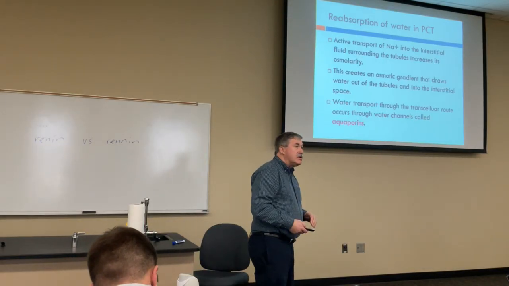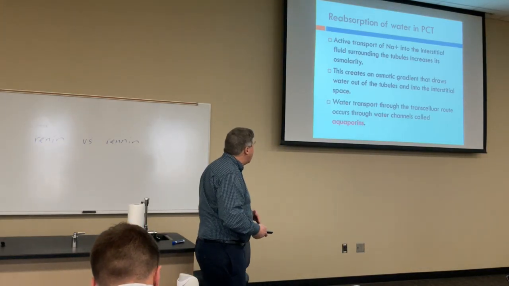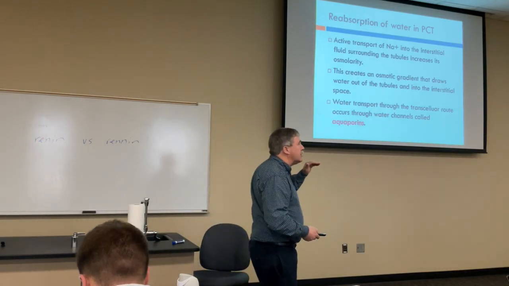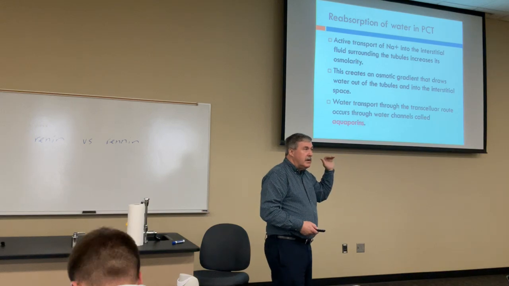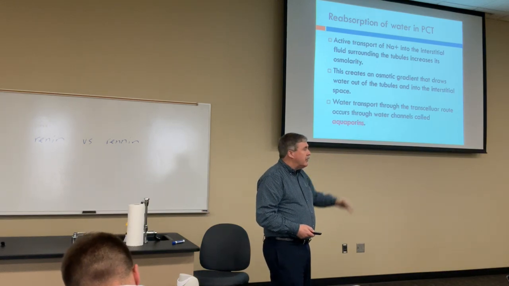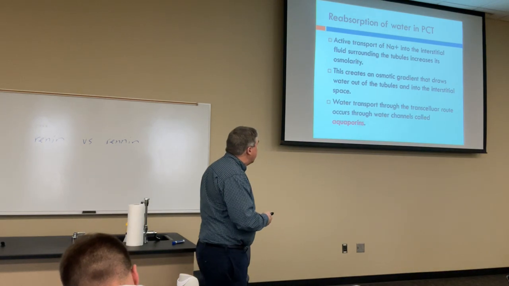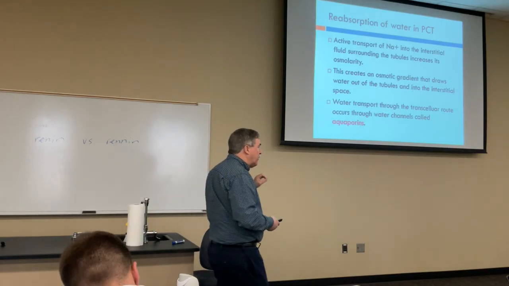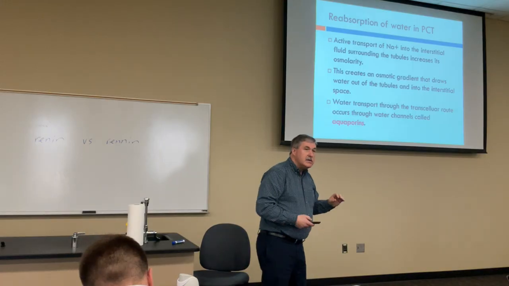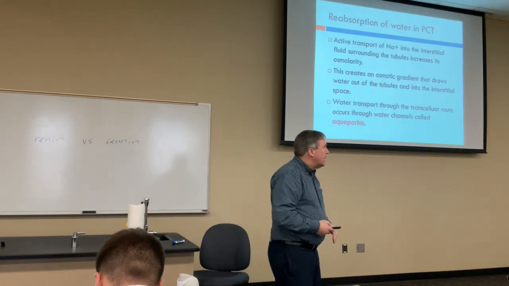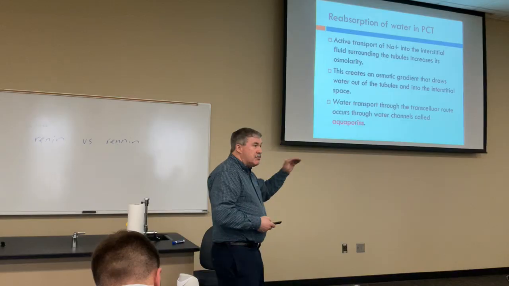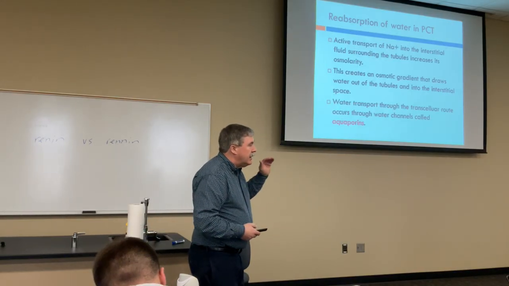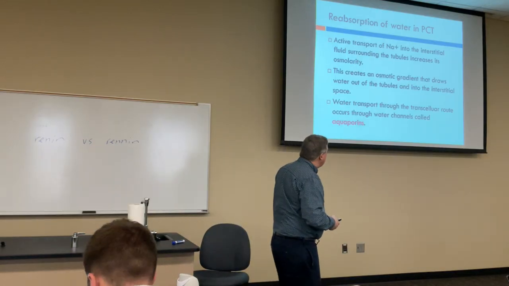Water can also go through the transcellular route, which goes through the cells that make up the walls of the tubule. That could happen because there are water channels in the membrane of those cells called aquaporins, and that allows water to diffuse by osmosis from the filtrate into the interstitial fluid.